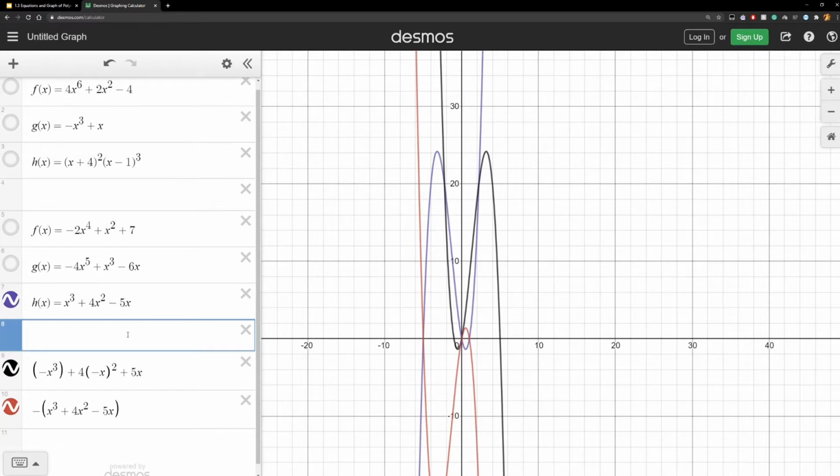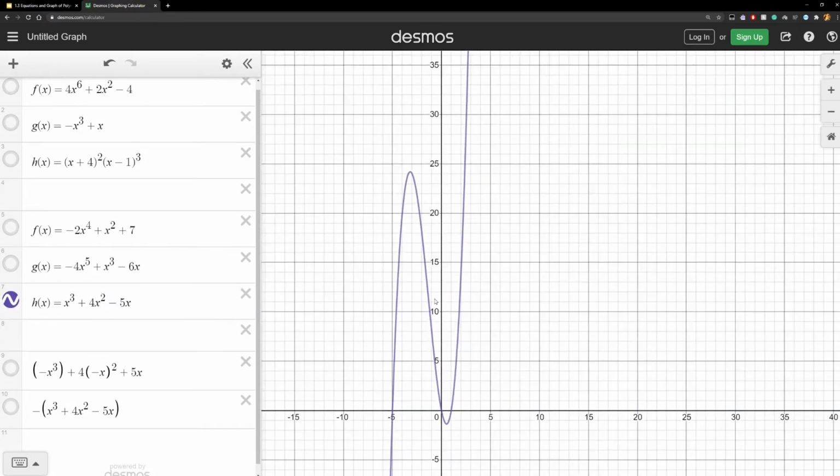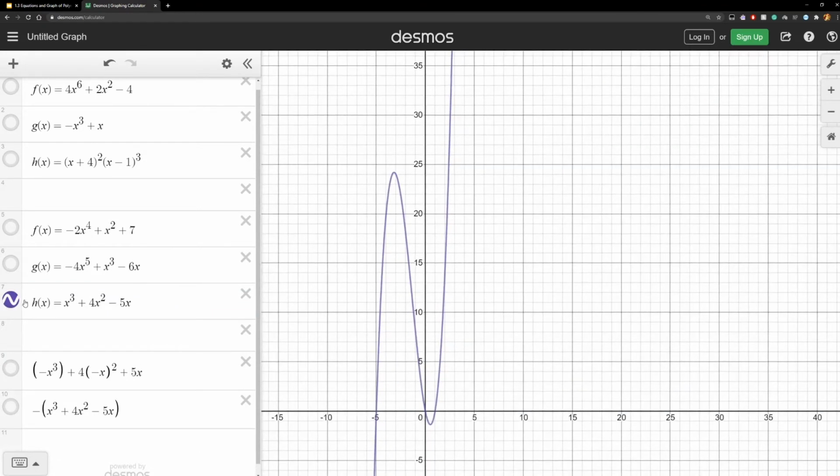So from here we see that again none of them are the exact same, therefore it is not symmetric around the origin, and it is not an odd or even function. And that's about it for this part.